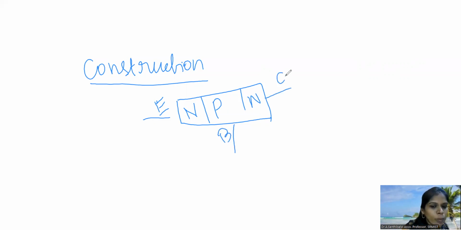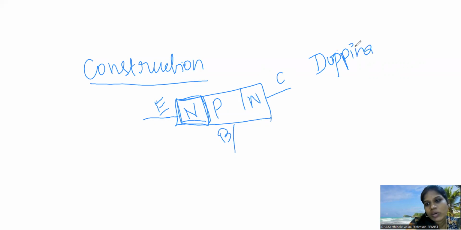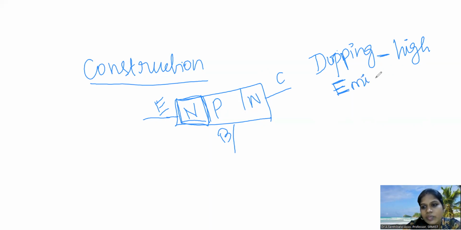Basically, let's talk about the doping of the emitter side, the first N side. What is doping? The process of adding impurities is called doping. On the emitter side, the doping level is very high.